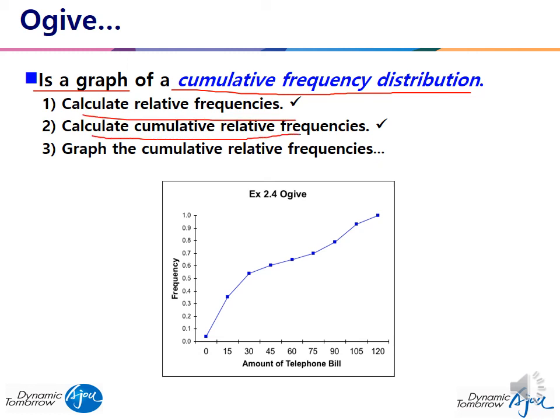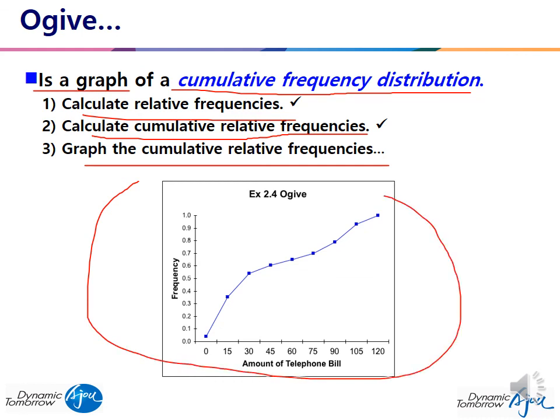Calculate relative frequency first. Second, calculate cumulative relative frequency. Third, graph the cumulative relative frequency. This is a graph of the cumulative relative frequency, a non-decreasing function, as you can see. The x-axis is the amount of the telephone bill. The y-axis is the frequency.